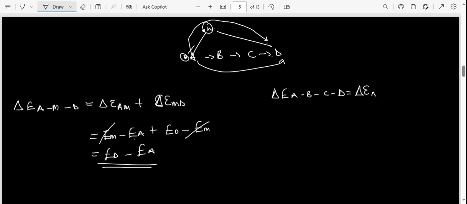We moved from A, M, D, and it gave us the change in internal energy between A and D, which is just equal to internal energy of D minus internal energy of A. So this is one of the formulas we can use because we have derived this formula, and that's something good, that we have derived the formula.